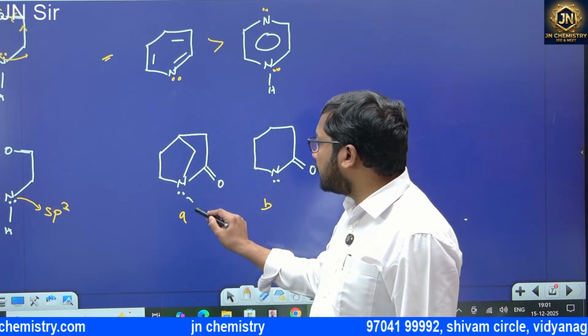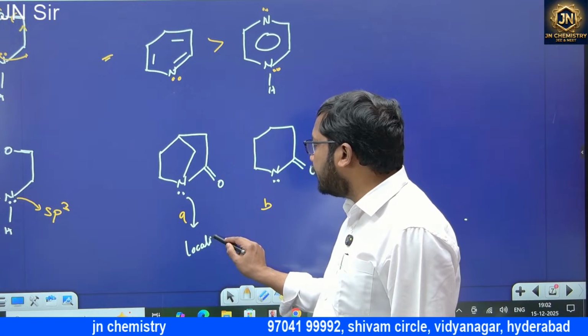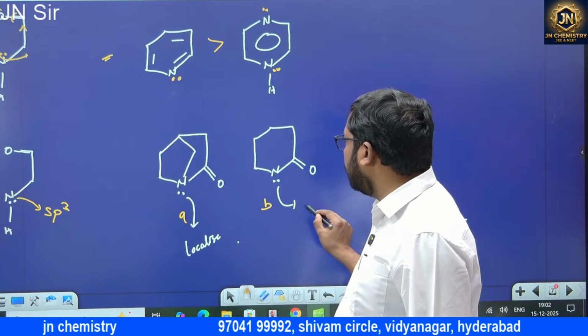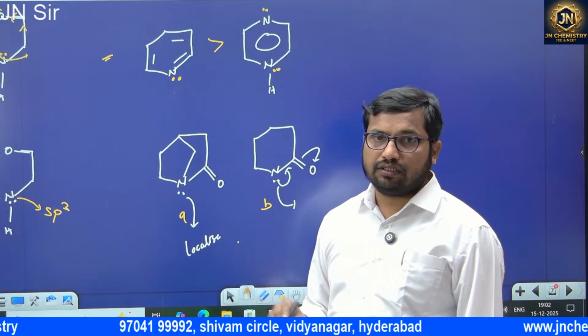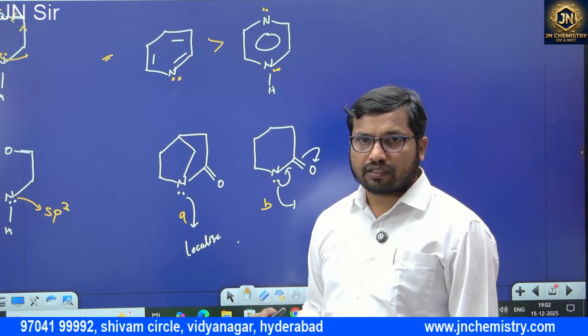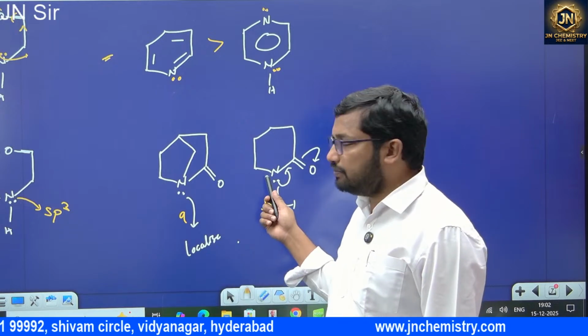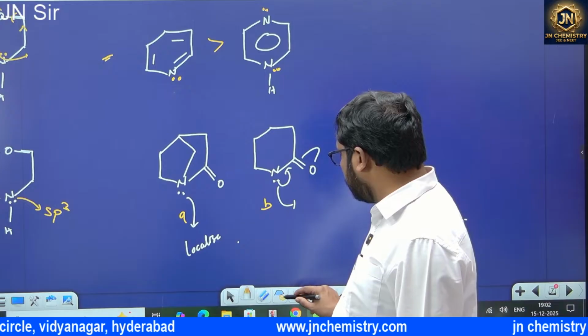So these electrons are called localized electrons. Delocalized means it is participating in the resonance. Localized, delocalized, which one is busy? Delocalized, because resonance is possible over here.